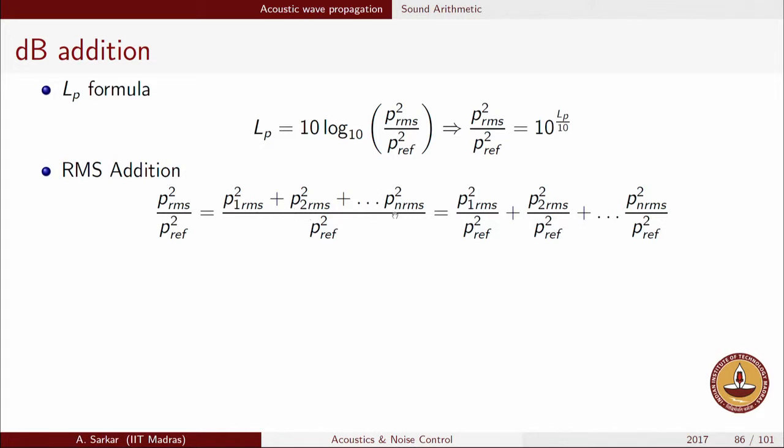So, if you have n such sources, each of them emanating P1, P2, P3 and Pn, then in totality the mean square of the total sound pressure is going to be the sum of the mean squares of the acoustic pressures emitted by each of those individual constituents.